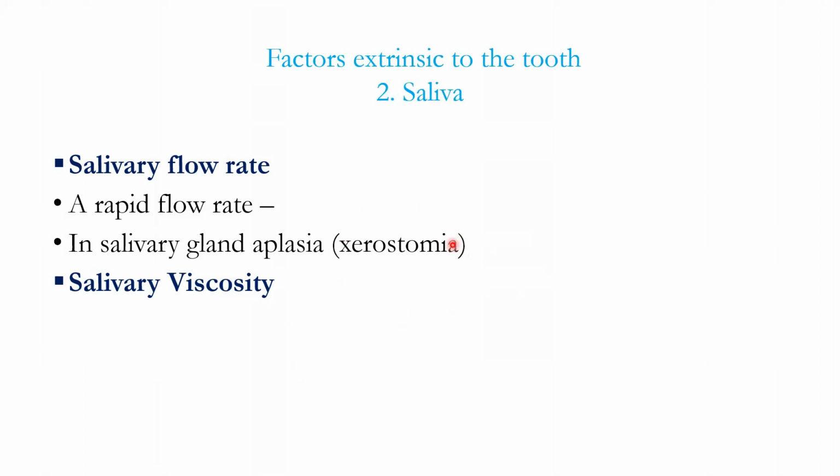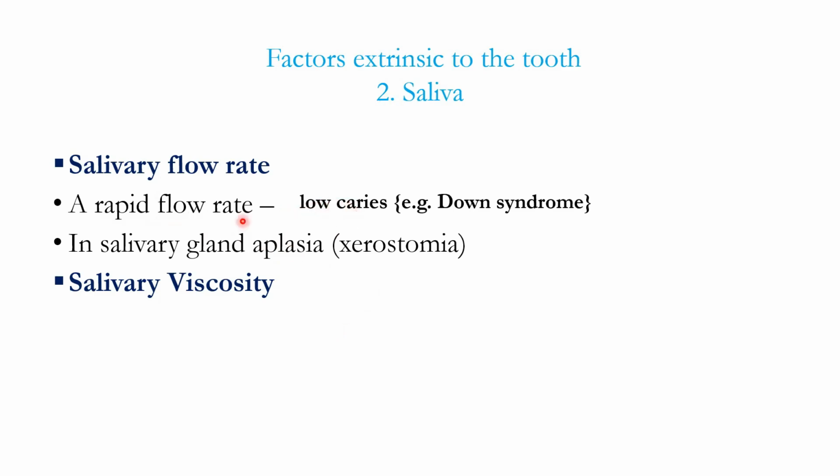So in cases of xerostomia, which is nothing but a reduction in the flow rate as well as a thick viscous saliva, in cases of salivary gland aplasia, in cases of several treatments of head and neck tumors, Sjogren syndrome, there are several scenarios where xerostomia could occur. Because of this, there is an increased incidence of caries because of the thick viscous saliva which is stagnant.